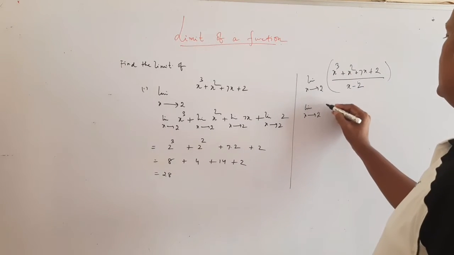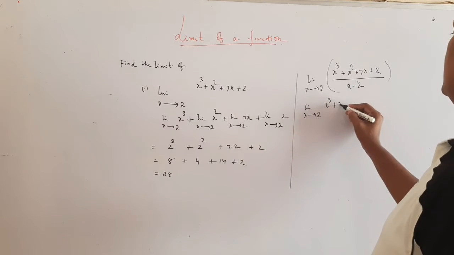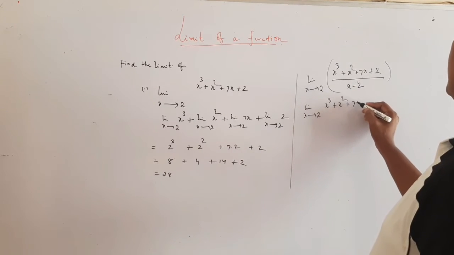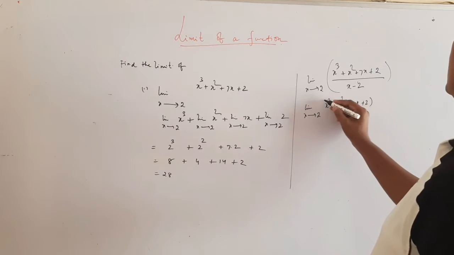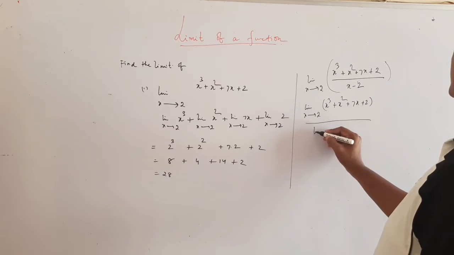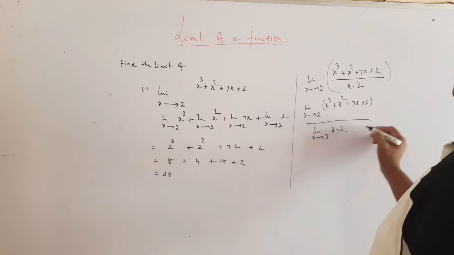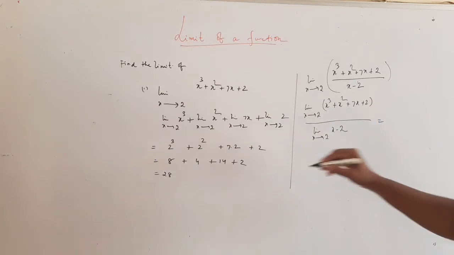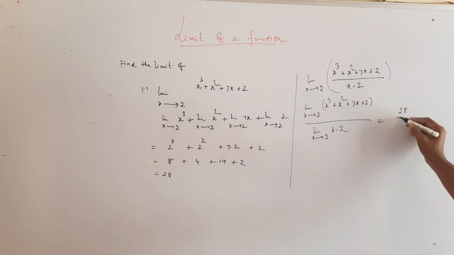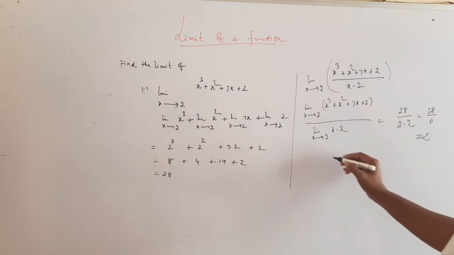So limit x tends to 2 of x cube plus x square plus 7x plus 2 over limit x tends to 2 of x minus 2. Now this one as usual has value 28, and here you get 2 minus 2, that is 28 over 0, which is undefined.